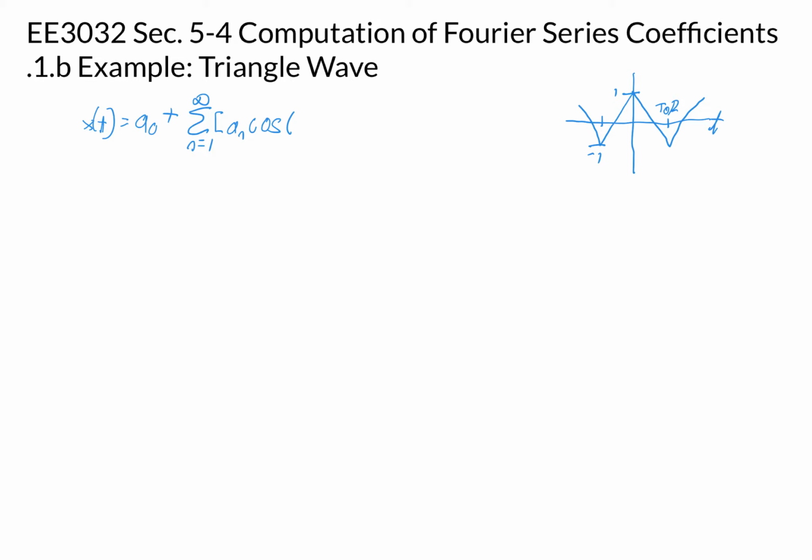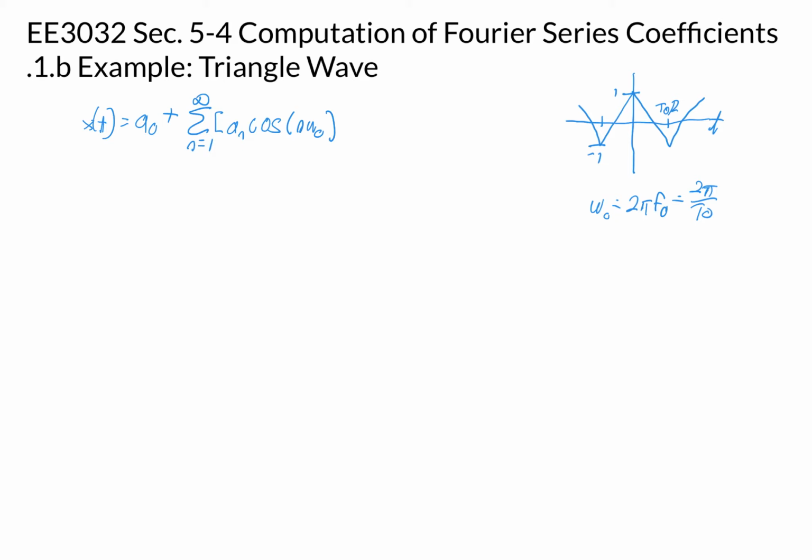The frequency is n times the fundamental frequency, which is 2 pi over the period, the fundamental period of the waveform. So we're looking at higher frequencies that are integer multiples of this fundamental frequency, which means that the cosines will go through n complete oscillations when we go through one t0 period of the periodic function that we're working with.